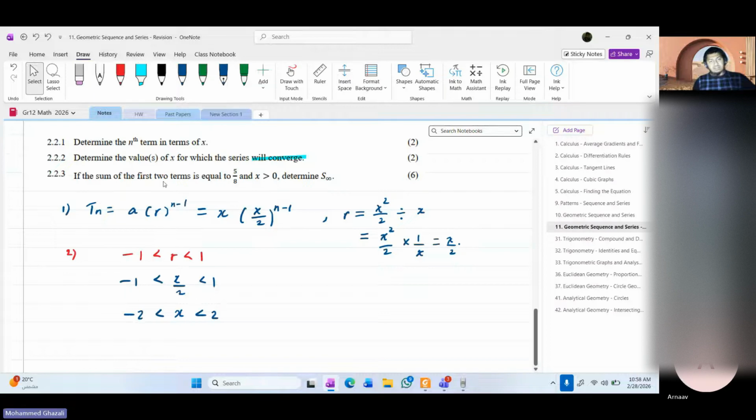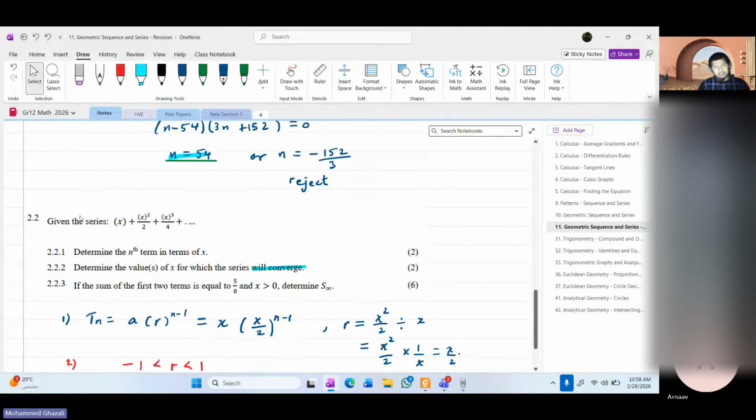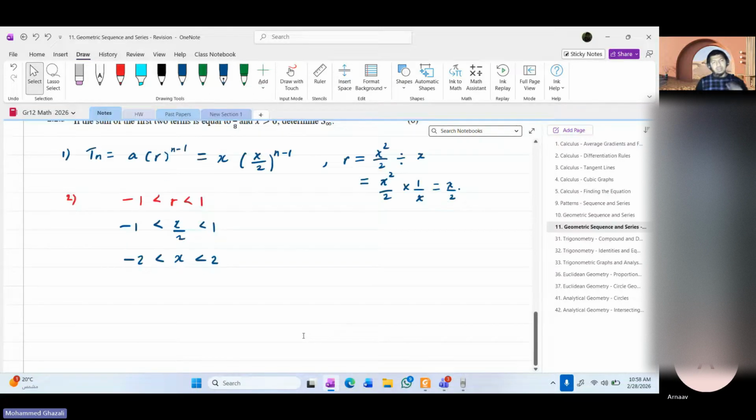If the sum of the first two terms is equal to 5 over 8, determine sum to infinity. That's easy, right? Sum to infinity we know is a over 1 minus r, and the first two terms is equal to 5 over 8. So x plus x squared over 2 is equal to 5 over 8.